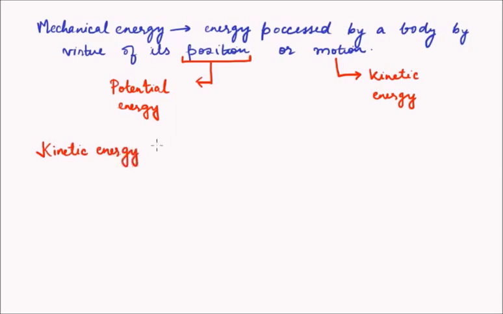Kinetic energy is represented with the capital letter K, or sometimes written as KE, as in kinetic energy. As we already saw in the definition, it is the energy due to the motion.